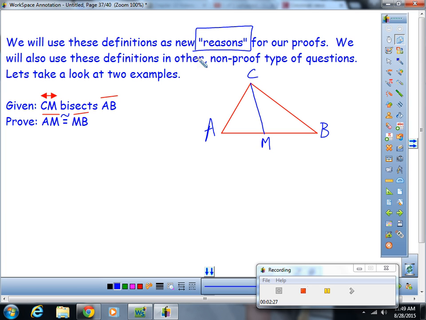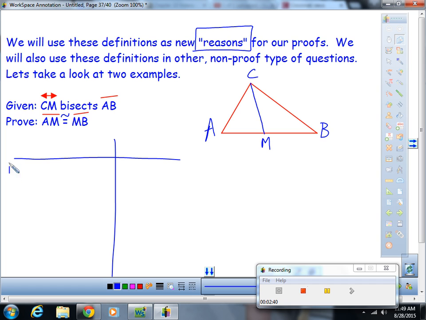So we are given in this that CM bisects segment AB. And that is given to us. Okay, well, this proof is over. So step 2.